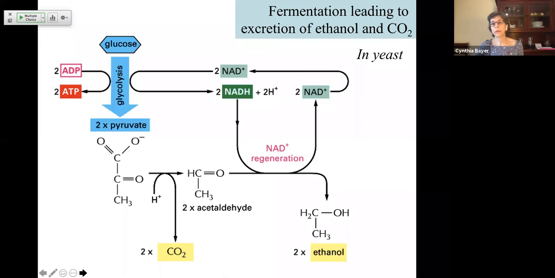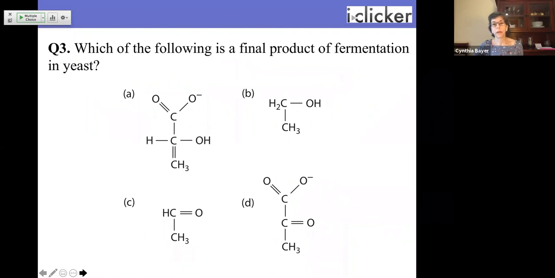So what are we seeing here? These are some of the potential products. Which one listed here is the final product of fermentation in yeast?